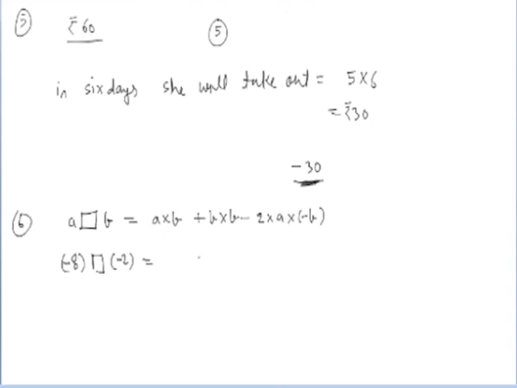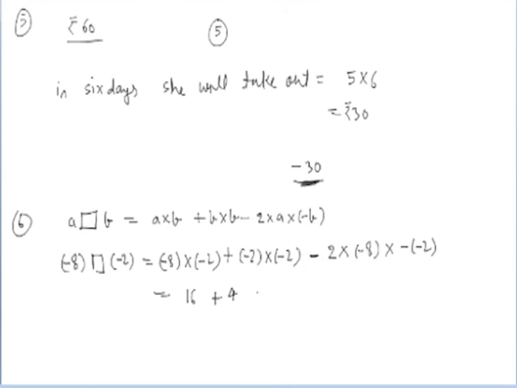Just put the values in the equation. A is minus 8 and B is minus 2, plus B into B means minus 2 into minus 2. Minus 2 into minus 2. Then minus minus 2 because minus B is here.